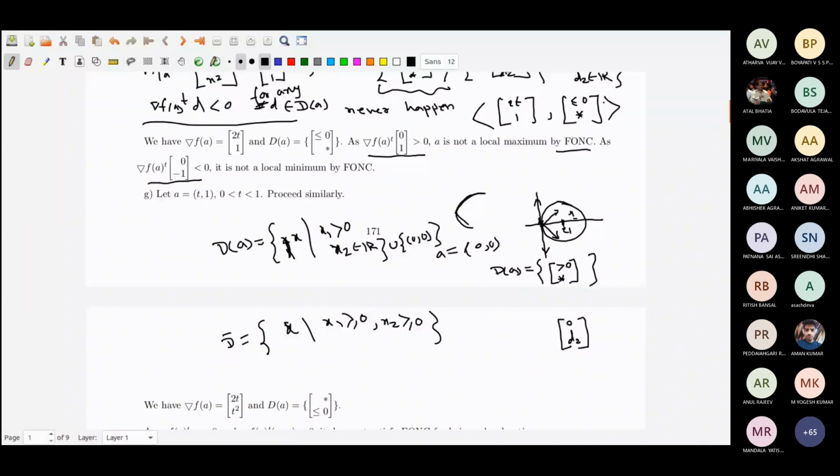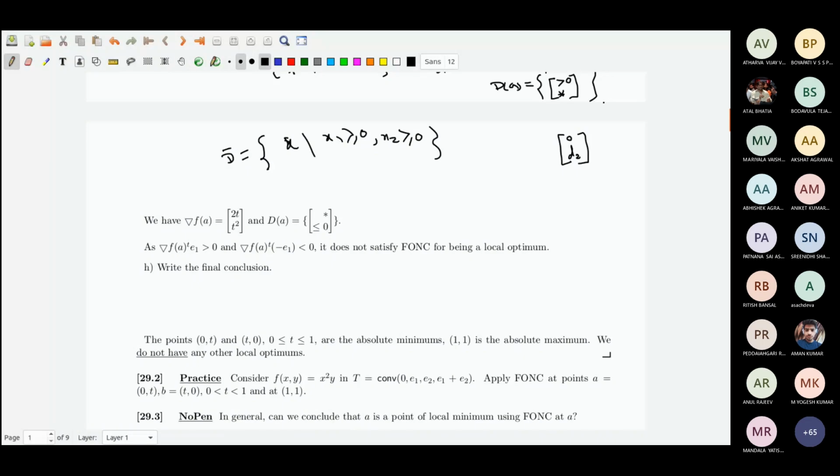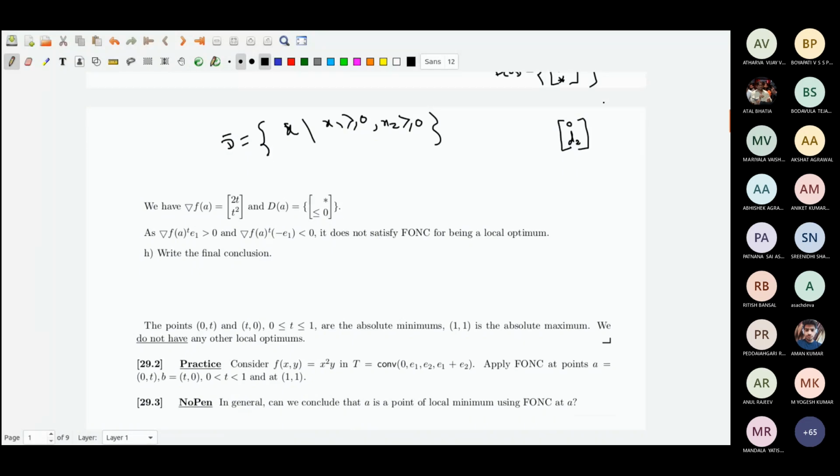So in that case, you have to write the final conclusion. In some of your midsem answer scripts I also wrote this comment: whenever you solve something, you must finally write one full sentence, "Therefore, this is this." The conclusion statement should be there.